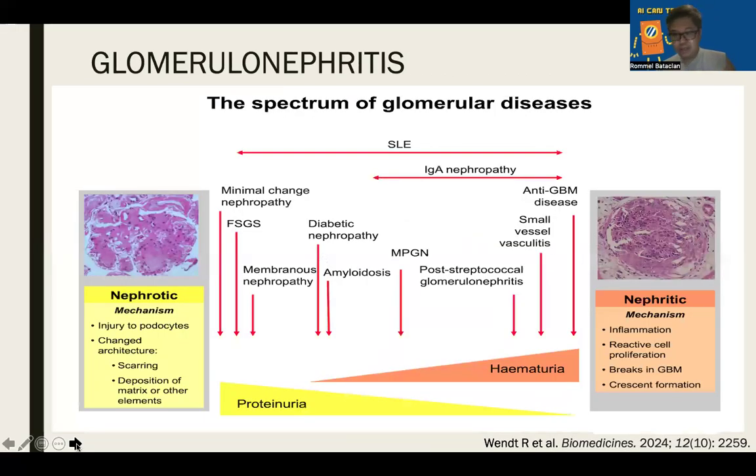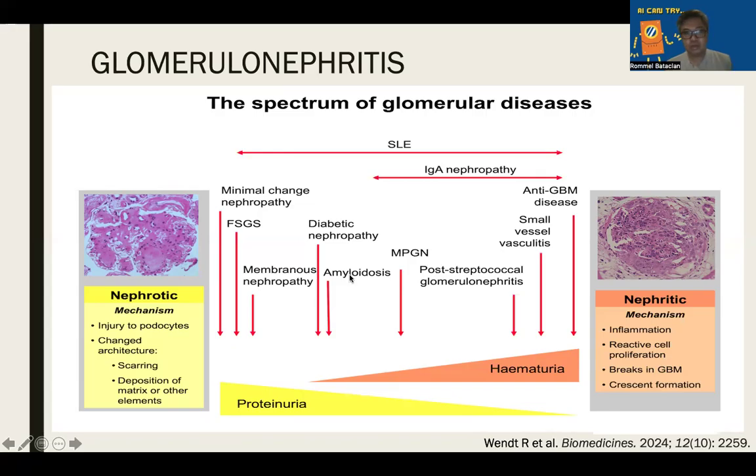Now, glomerulonephritis is primarily the inflammation of the glomerulus. It has multiple causes, but we'll just discuss some primary glomerulonephritis in this lecture due to time constraints. There is a spectrum of glomerular diseases.